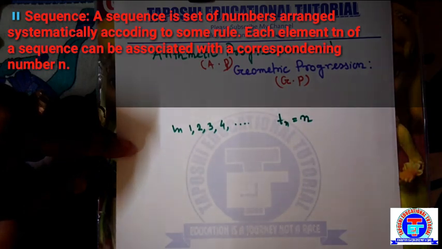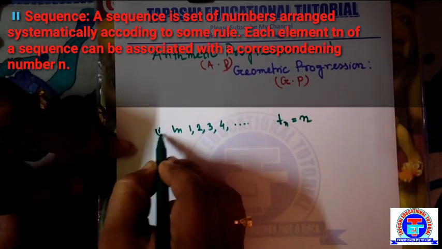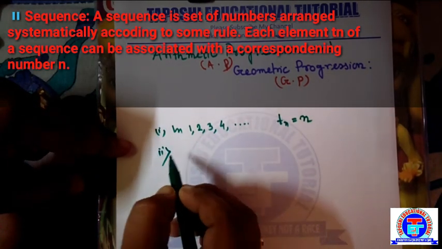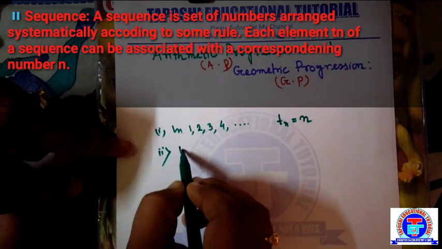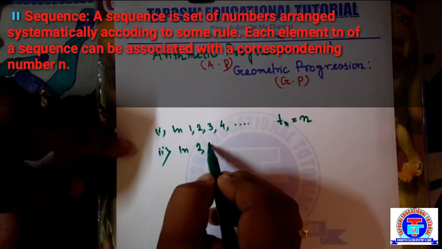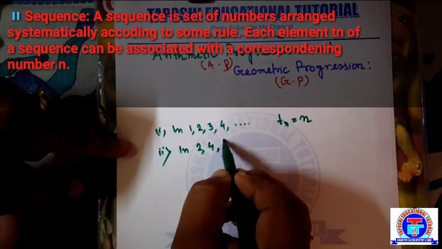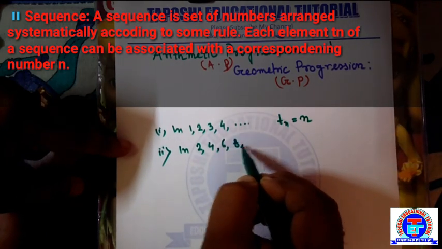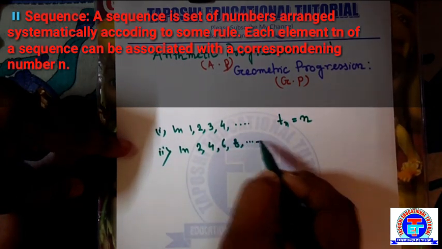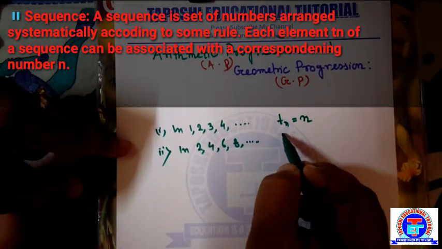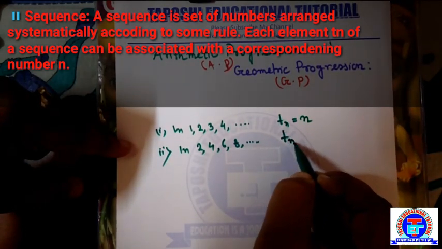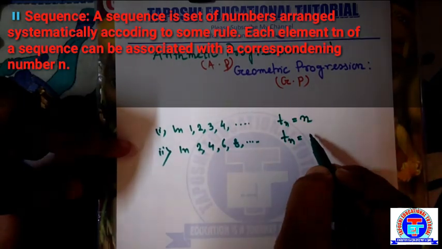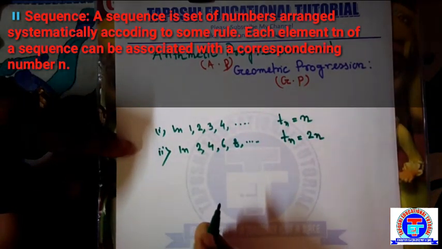Number two: in 2, 4, 6, 8, and so on, here t suffix n is equal to 2n.